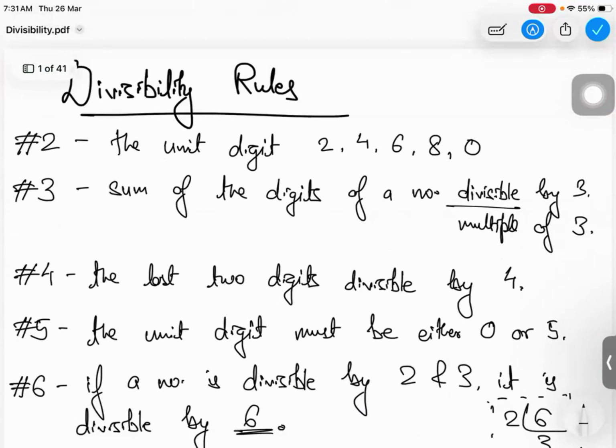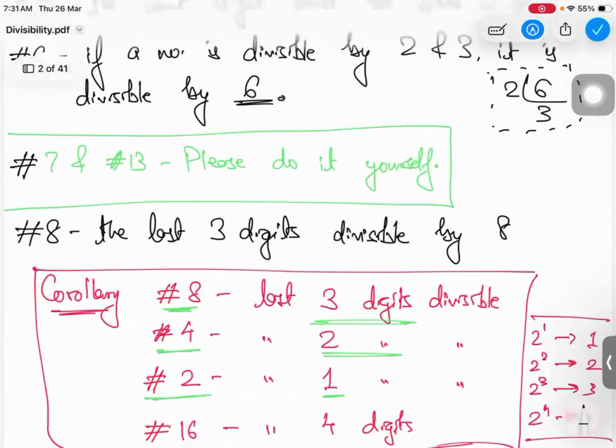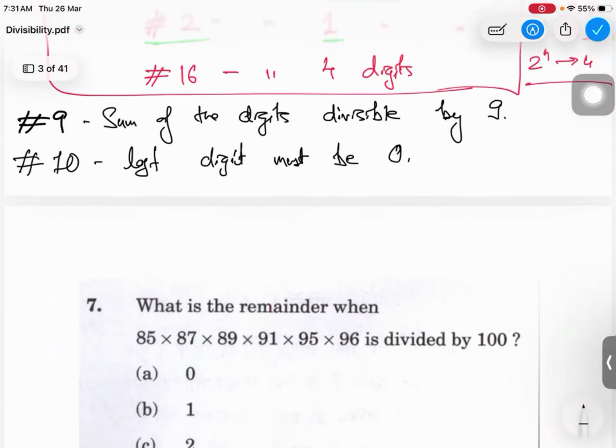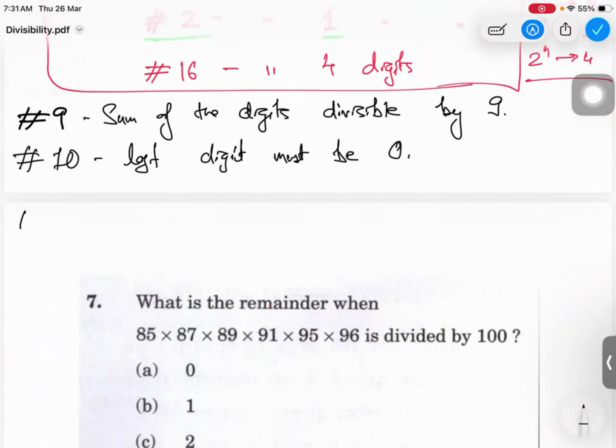I'll write it here because there is no space. With number 11, do you know this? It is again not on a very mathematical side, but it works. With 11, I'll just let you know. There are place values we know, so there are odd places and then there are even places.